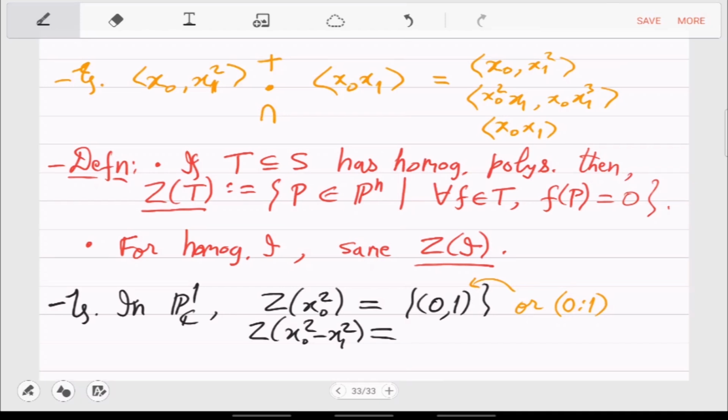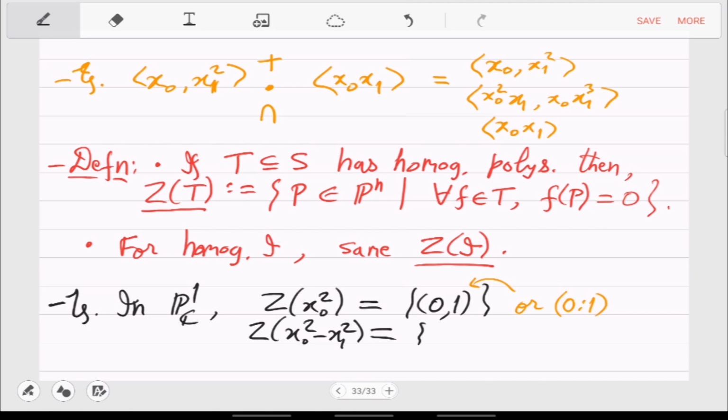And here again a similar thing will happen. This is projective Z, so will you get 0, 0? You cannot get 0, 0 because the projective line doesn't have that point. Right? 0, 0 was removed, was excluded.